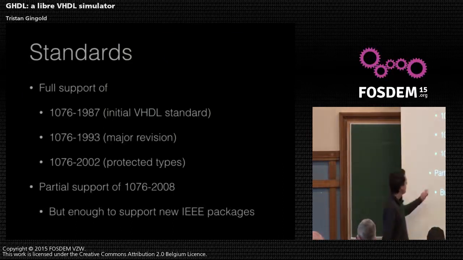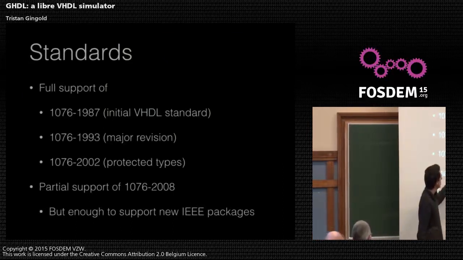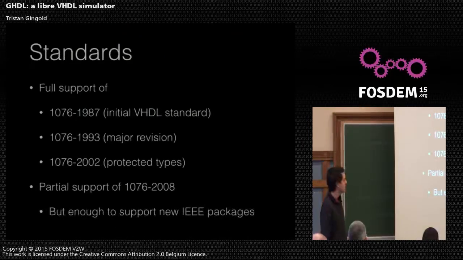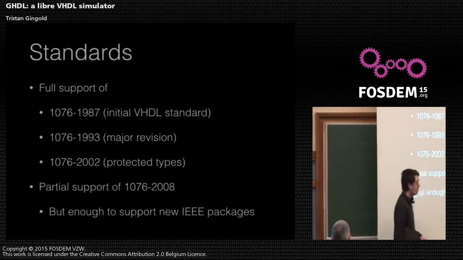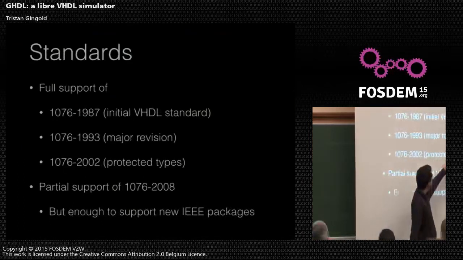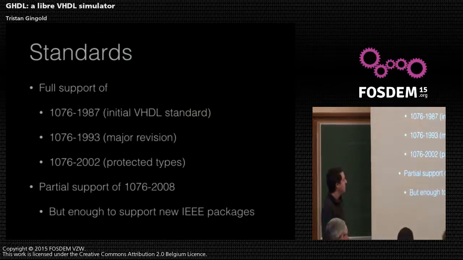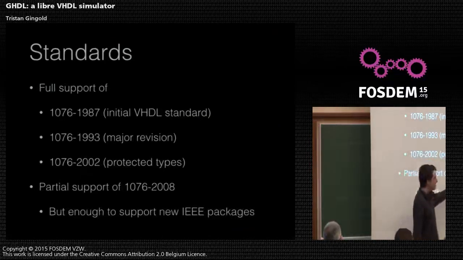We also fully support the 2002 standard, which just added protected types. It's not widely used, because protected types cannot be used for synthesis. And we have also partial support for the last revision, 2008.